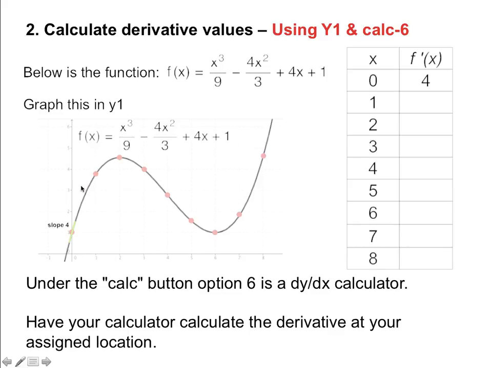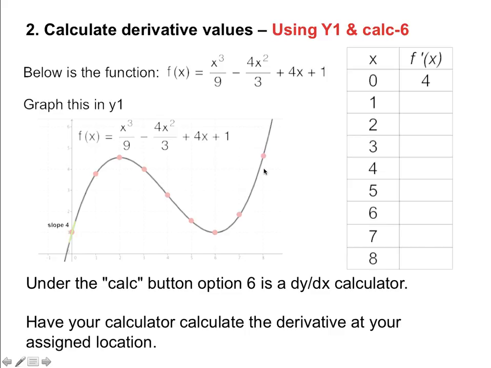Then set a window from -1 to +9, and then from maybe -0.5 to +6.5. Why don't we try that? Go ahead and pause this video and get that on your screen. Okay, so you should have that function in y1 and this on your screen.